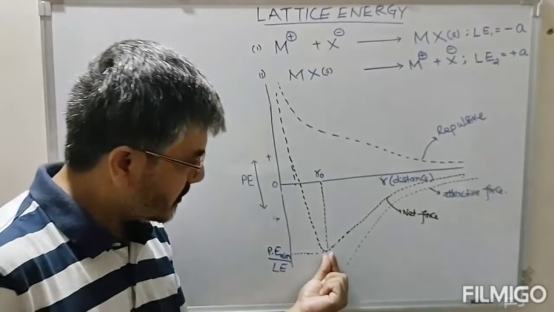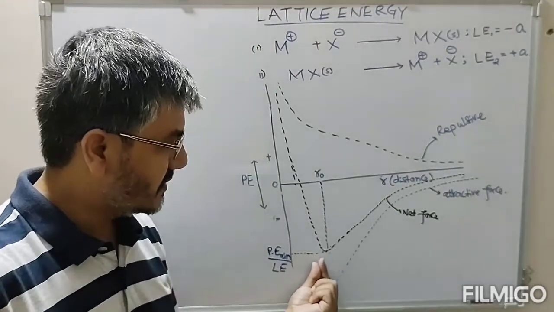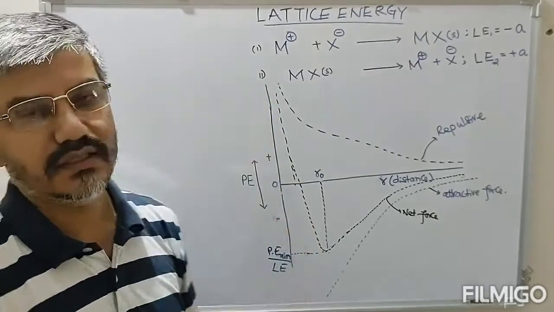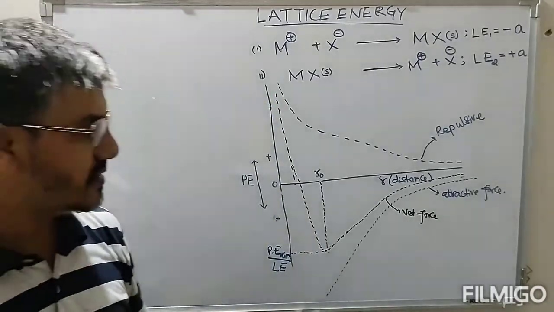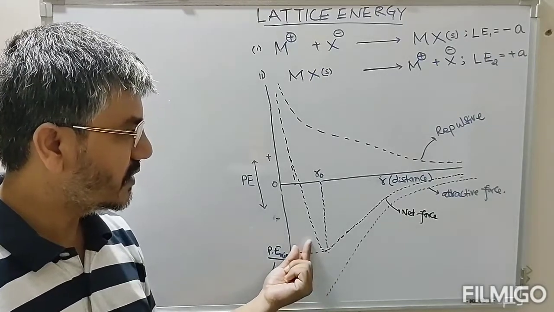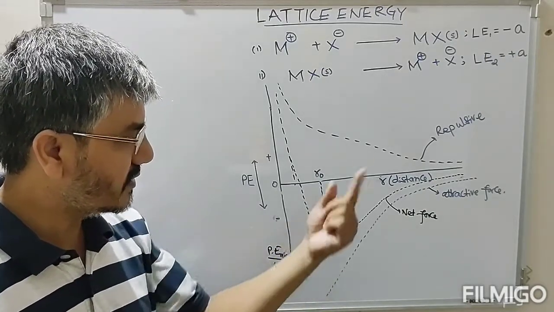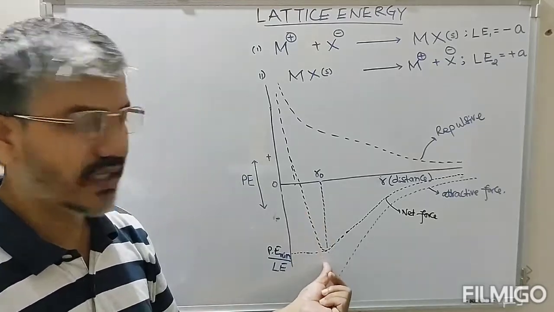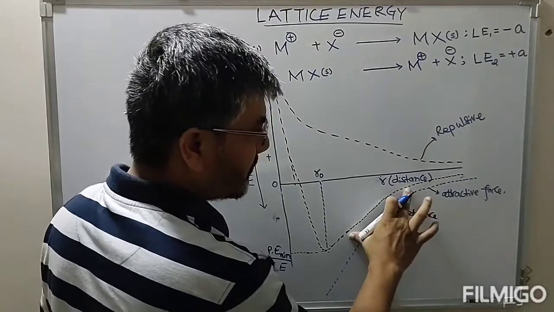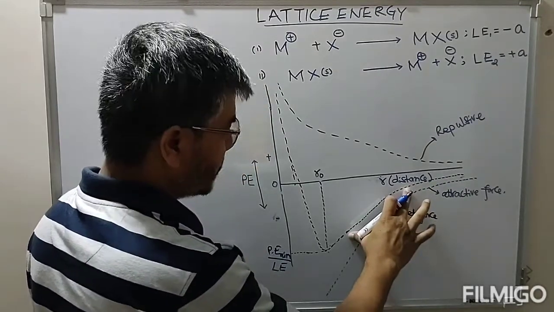Now after this point, as the distance decreases, there is a steep increase in the potential energy. That means beyond this point, the repulsive factor dominates over the attractive force. So in this portion of the graph, the attractive force dominates over the repulsive force.